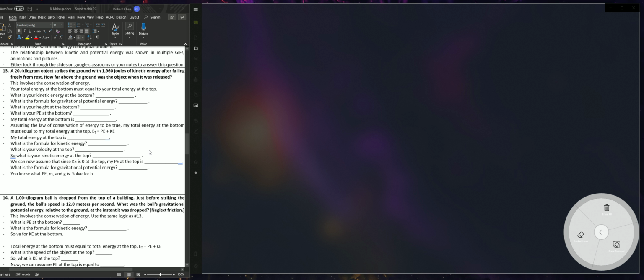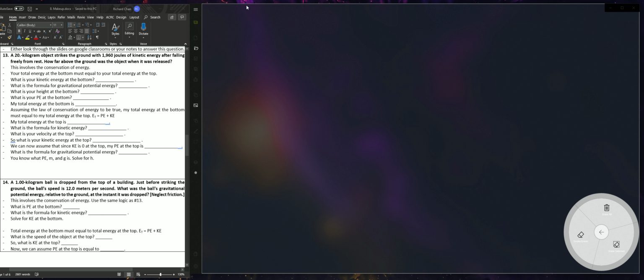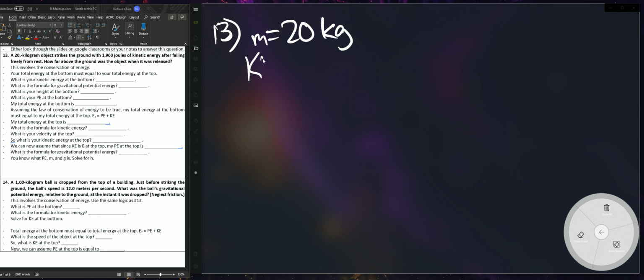Number 13. It says a 20 kilogram object strikes the ground with 3,000 joules of energy after falling freely from rest. Okay, and so your initial speed is 0.